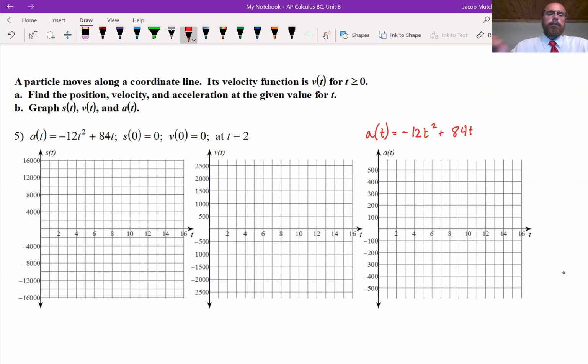So as I go from acceleration, I know that the next function I can find is velocity, since that's the second or the middle function there. And it's the integration of acceleration.